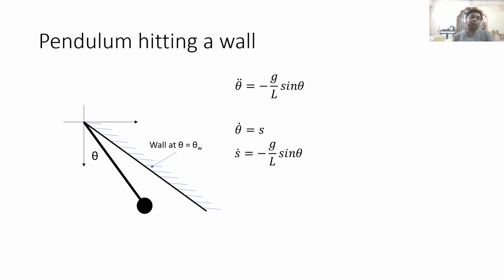The first differential equation is theta dot is S, and the other one is this. If you can directly write down the state space form on your own, that is fine. It is just to illustrate how we split the second order differential equation into two first order ones.